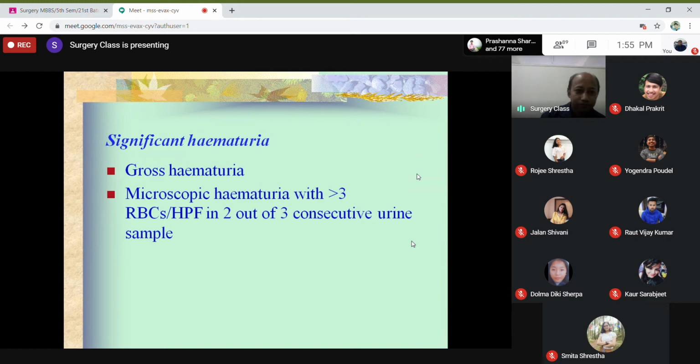This needs further investigation. If you find a patient with just 2-3 RBCs on a single occasion, that may not be significant. That patient needs follow up, but if further investigations show no hematuria, then that is okay and doesn't need any treatment.